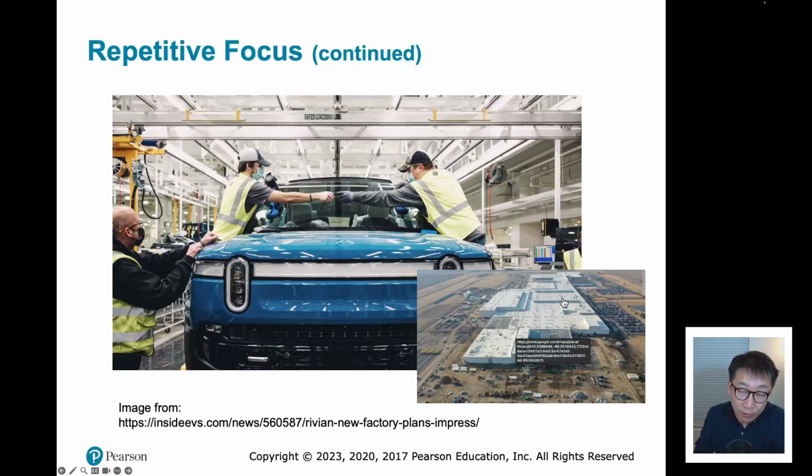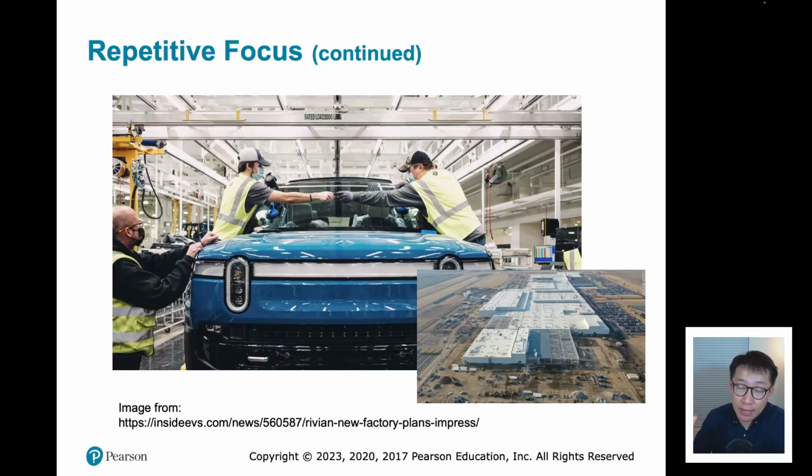I don't think Google Maps allows you to look inside the factory, but we can imagine that there are very long assembly lines going through those big factories. Okay, this is by the way from Rivian, located in Normal, Illinois. Again, this is repetitive focus.